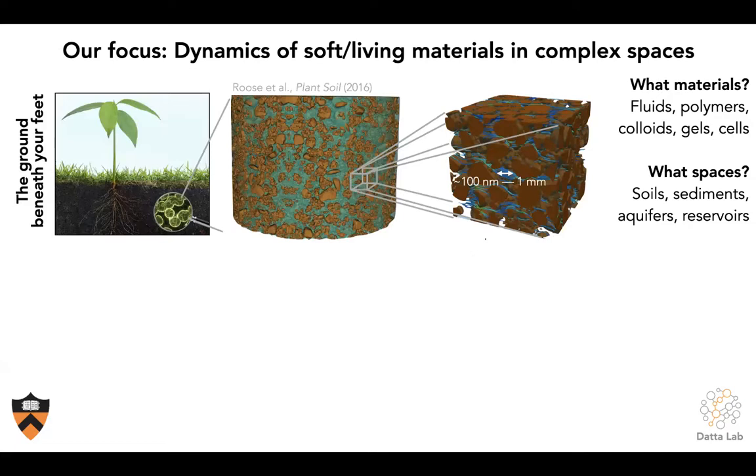These are all examples of porous media where you have solid grains that are packed together and housing a disordered pore space. So this is an X-ray CT image of soil taken from another group, where you can see these brown particles are the solid mineral grains that are packed together, and they house a tortuous pore space in between, through which fluids and chemicals and solutes and even cells have to move for a range of different applications.